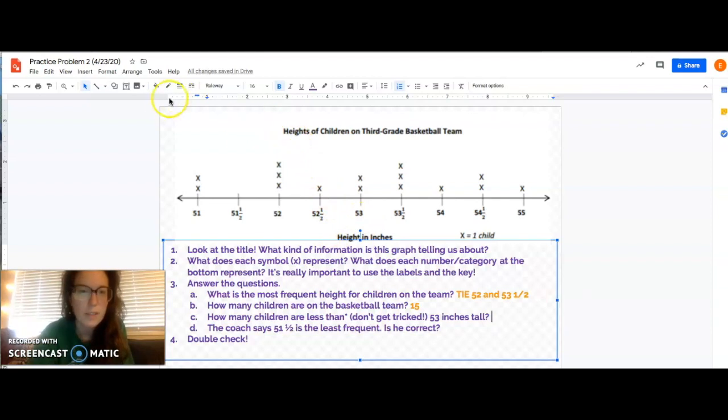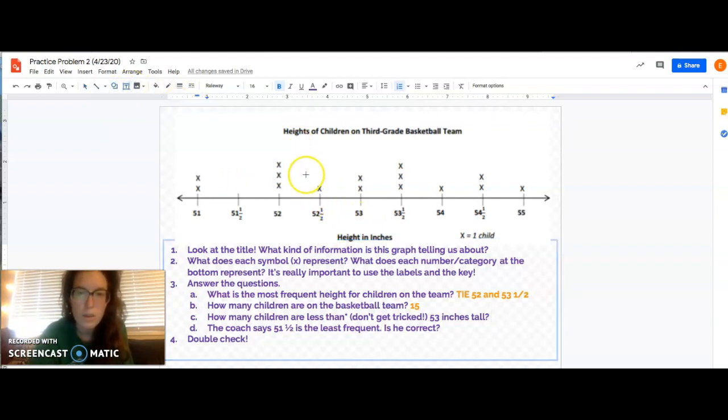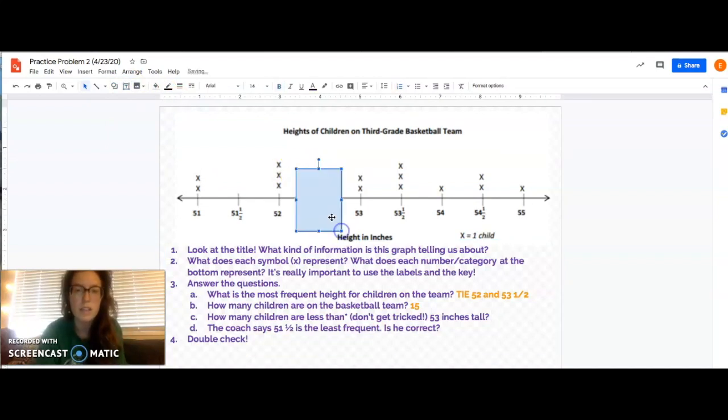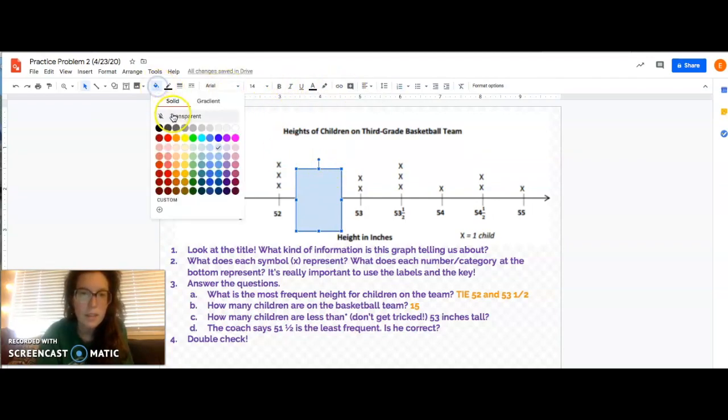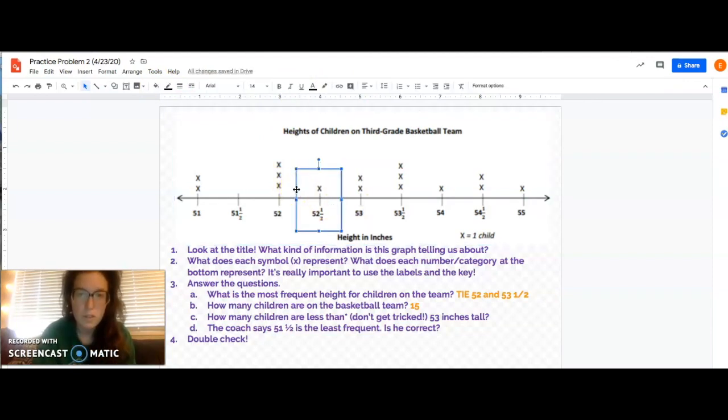All right, I am going to put a box around all of the different heights that we are going to include that are less than 53. Let me make this transparent. There we go. Okay, so 52 and 1/2 is less than 53. 52 is less than 53. 51 and a half is less than 53.